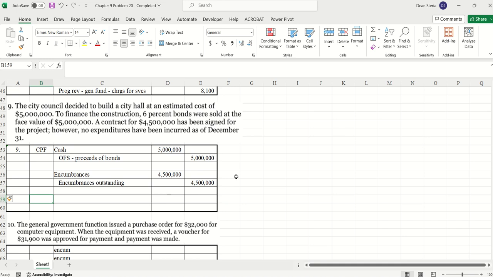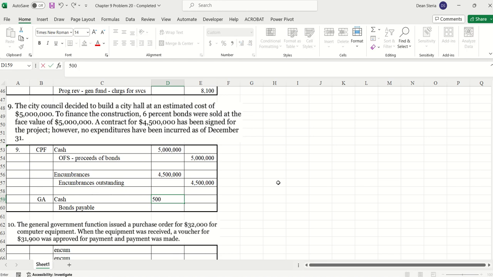but so now we're going to talk about the governmental activities. Right now we did the capital project and the encumbrances. Okay, so for the governmental activities, we're going to say we got the cash and we have our bonds payable, and that is going to be for the governmental activities.